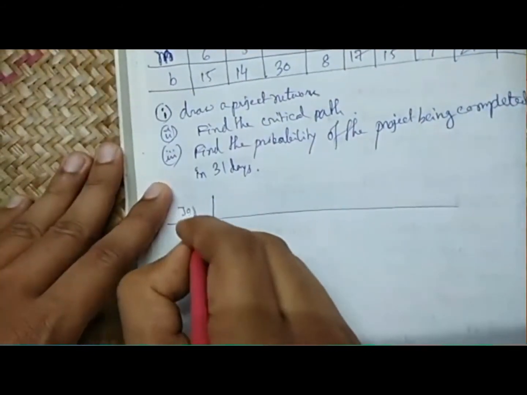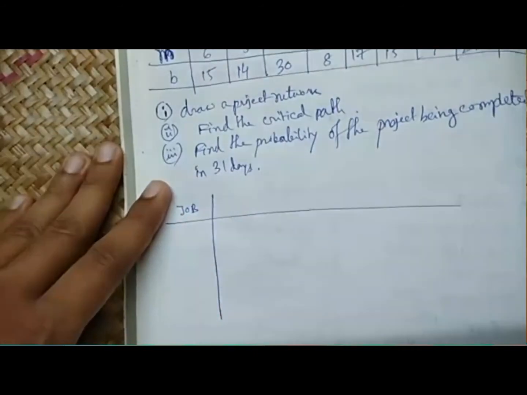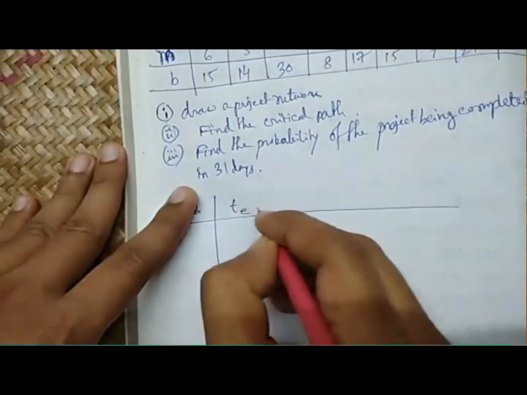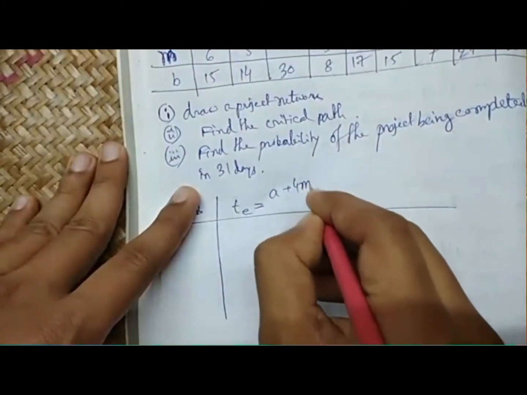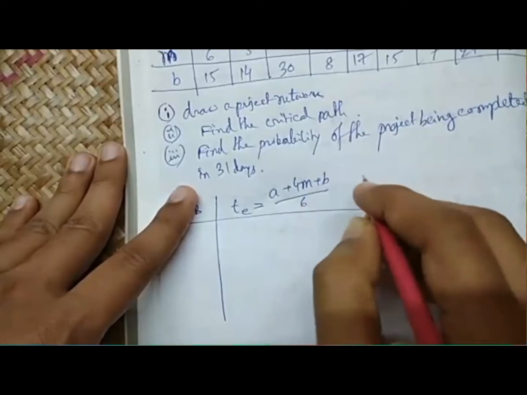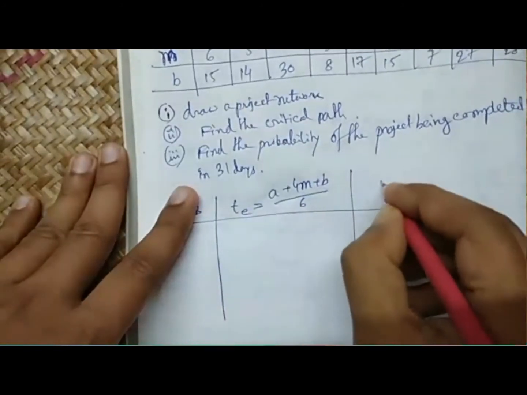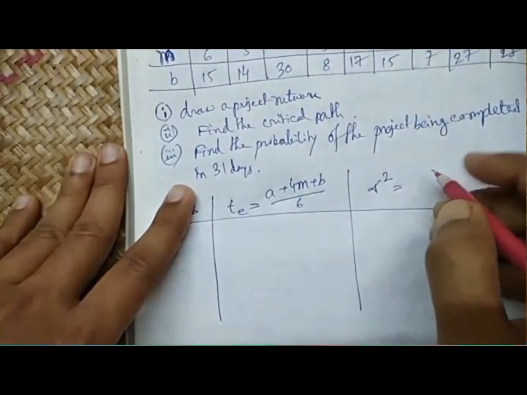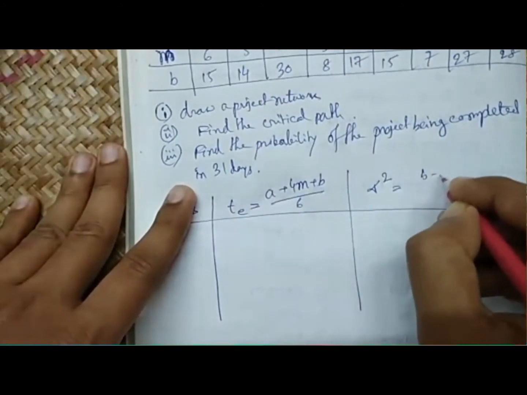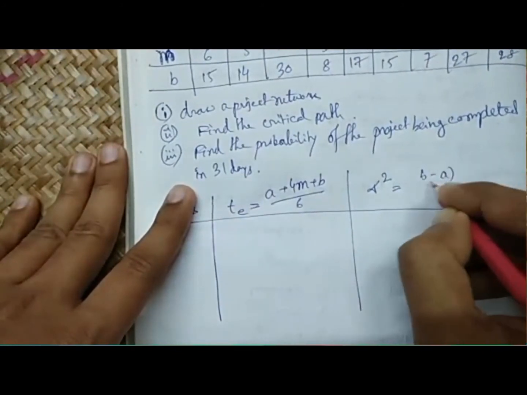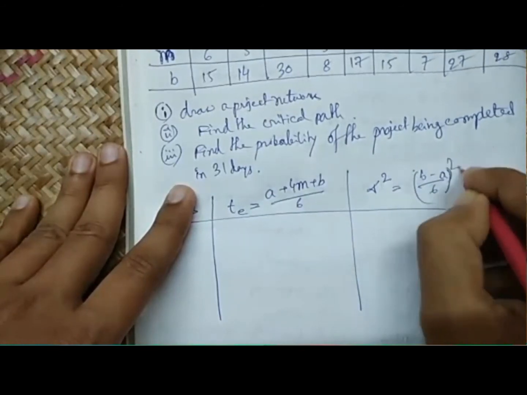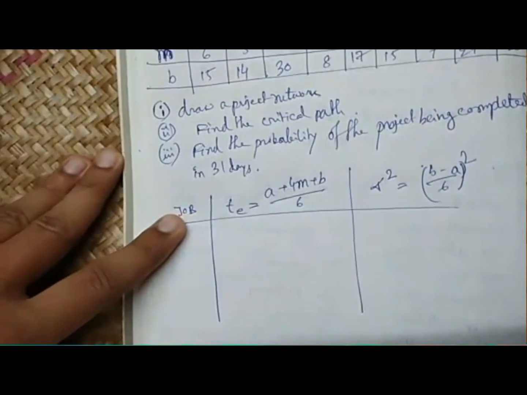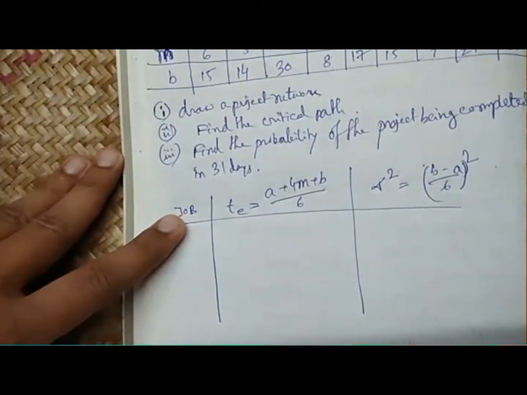Here we will write the job, here the expected time, which is (a + 4m + b) / 6, and here the variances of the different activities. That we have already discussed in our previous classes.